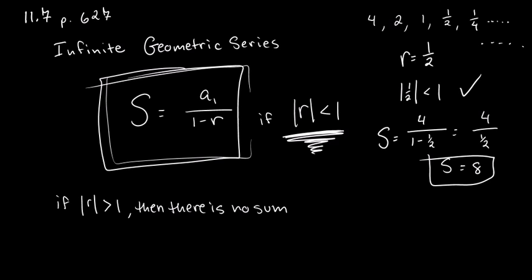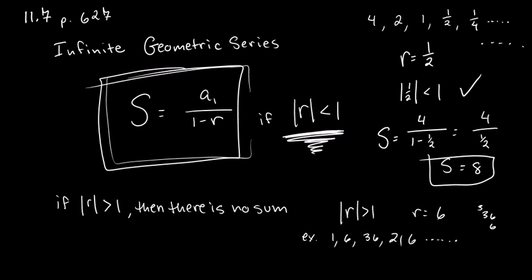Alright, there are a couple other examples where this wouldn't work out. For example, if the absolute value of r is greater than 1, so let's say r is equal to 6, and I start with 1, that means I'm multiplying by 6 every single time. So I get 6, and then 36, and then 216, so on and so forth.